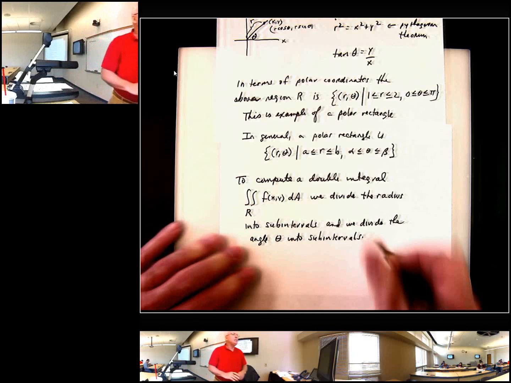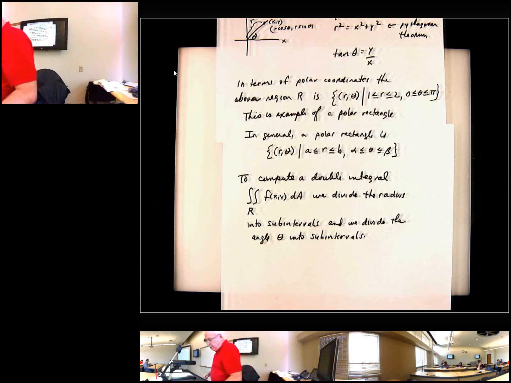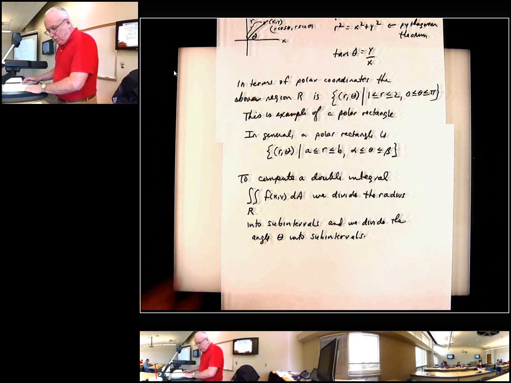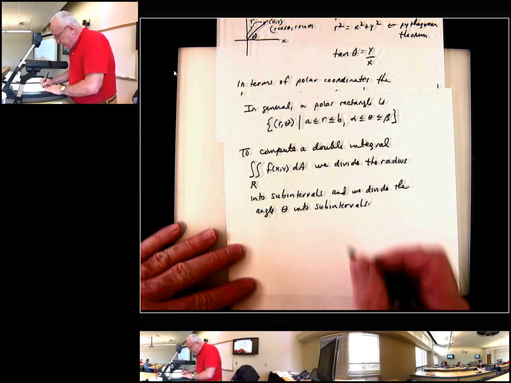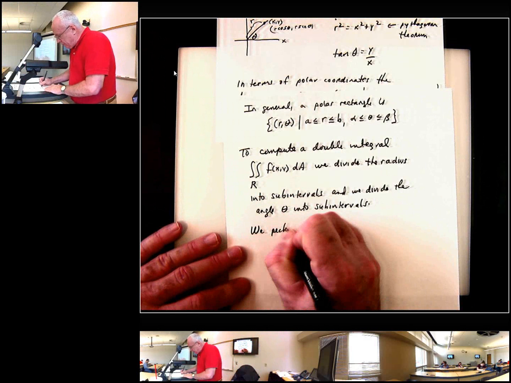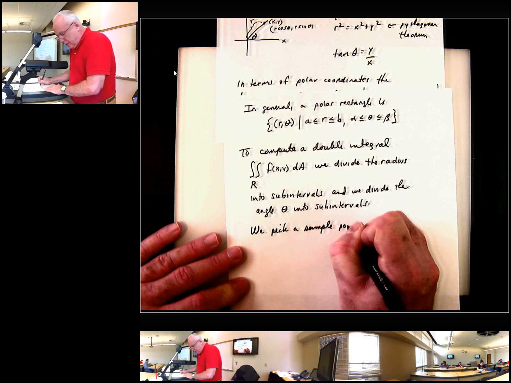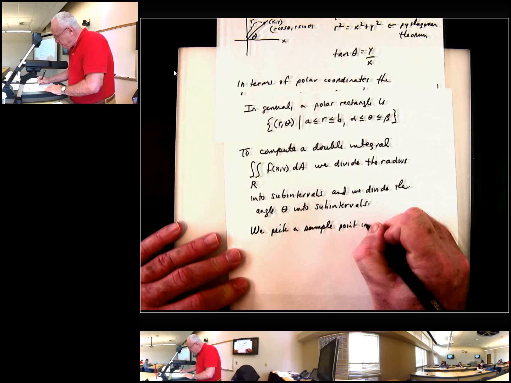And in addition, then, we get a bunch of little areas, and then we put a sample point right in the center of each area. So we pick a sample point, and we're going to pick it right in the middle, in the center of each area.